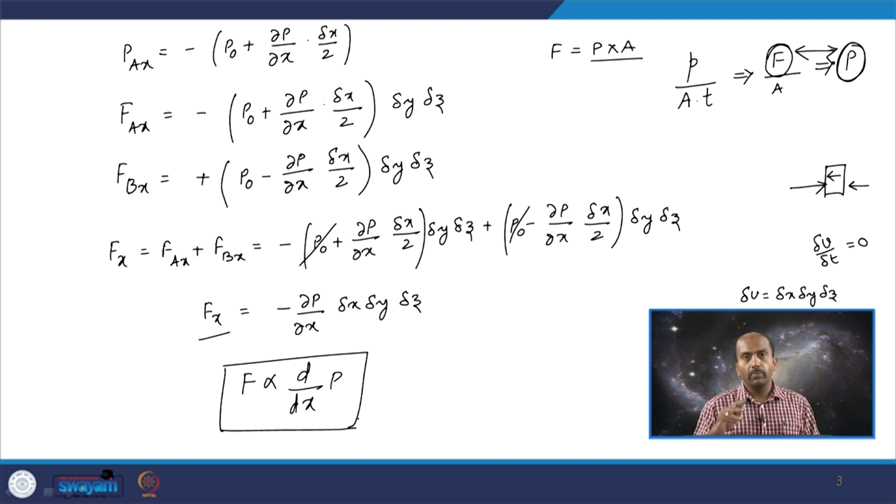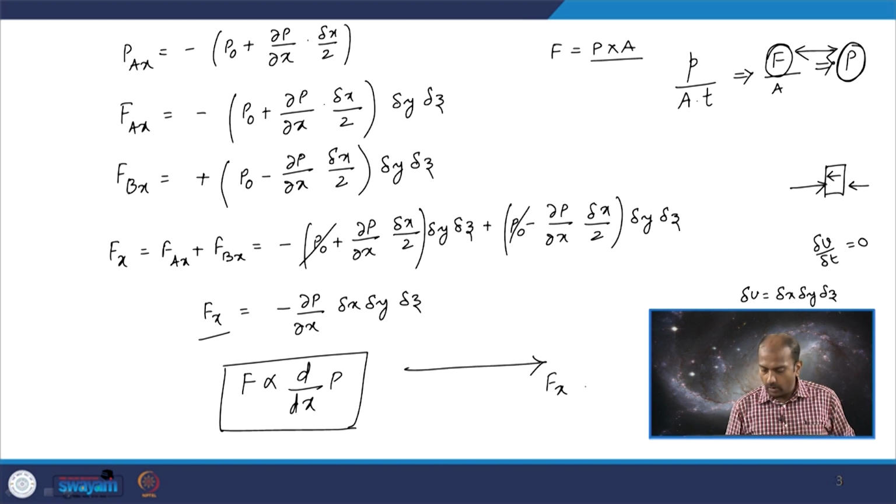It will not depend on the magnitude of pressure, but on the gradient of pressure along this direction. So, the force acting along the x axis is proportional to the rate at which the pressure changes across the x axis. This is a very important relation.